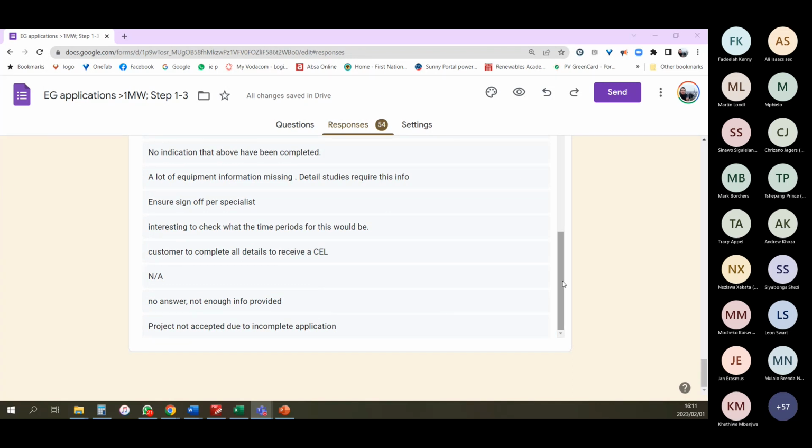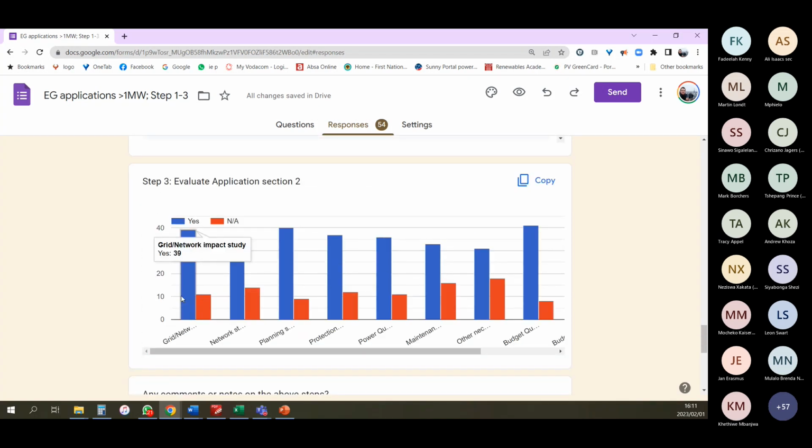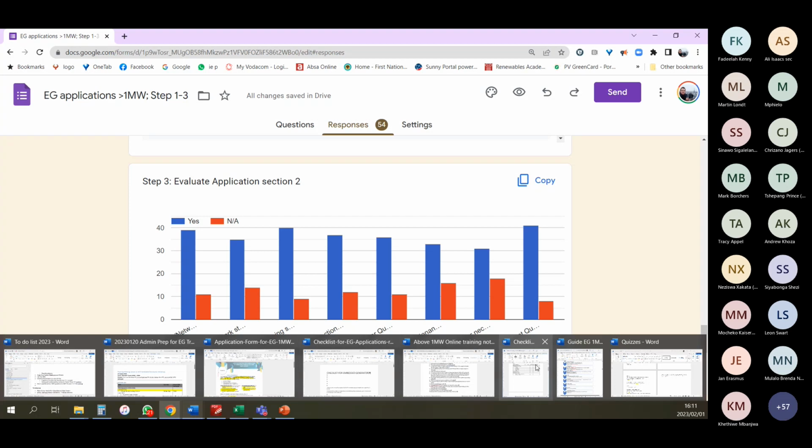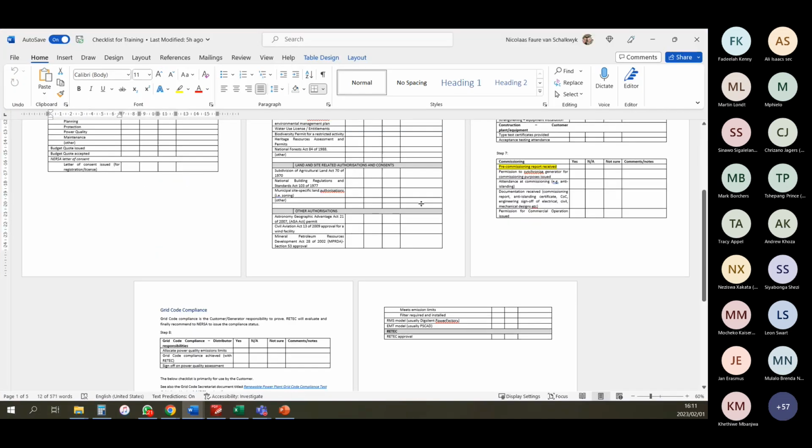So that's a question, Gerard. You're asking about the SCADA? Yeah, Shiraz has typed a question: what about SCADA integration? That we don't have on here.